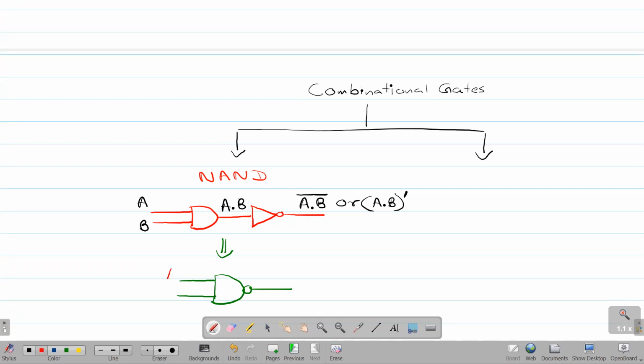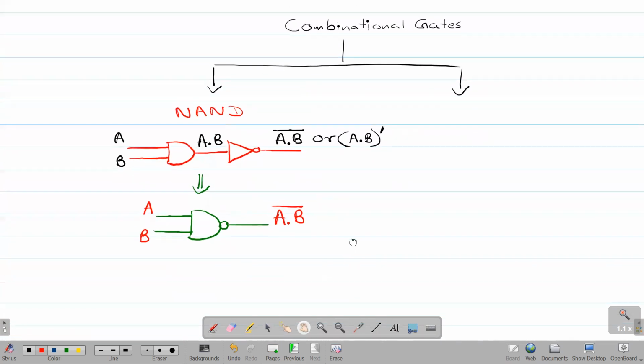So here A and B are given, and (A dot B) total bar is the output. So this is the nature of the NAND gate and the symbol of the NAND gate.